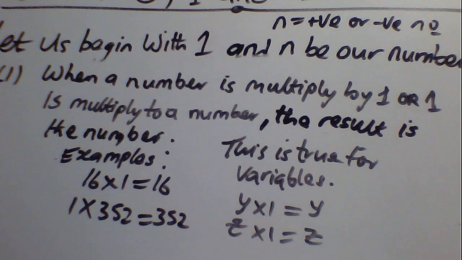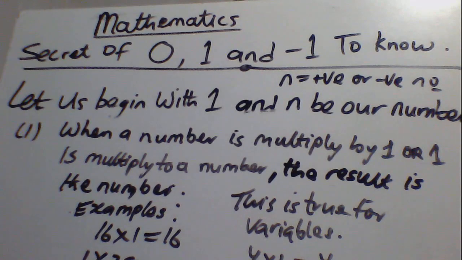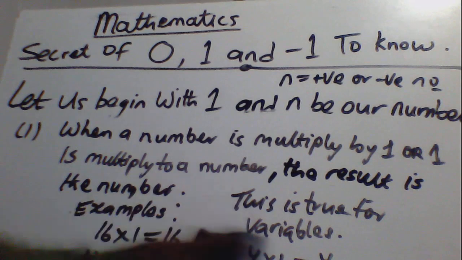Either way, if you are solving algebra and using variables, you will also understand that whenever a variable is multiplied by 1 or 1 multiplies a variable, the result is equal to the variable. So this is the first thing you have to know about 1. Let's look at the second thing relating to 1.